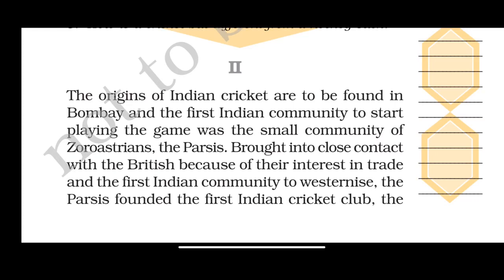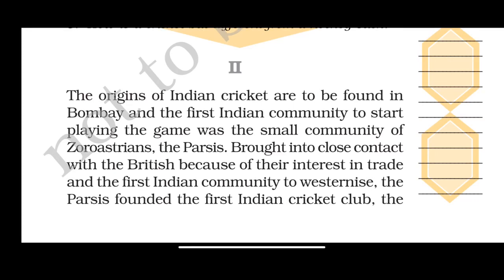They were brought into close contact with the British because of their interest in trade, and they were the first Indian community to westernize. The Parsis founded the first Indian cricket club, and that was the Oriental Cricket Club. Let's see what it says. How did cricket come into contact with the Parsis?